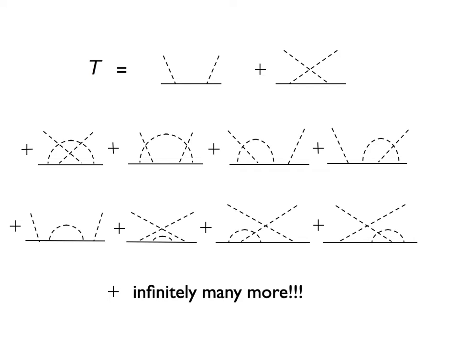These solid lines represent functions of momentum that describe nucleons, while the dashed lines are the same things but for pions.